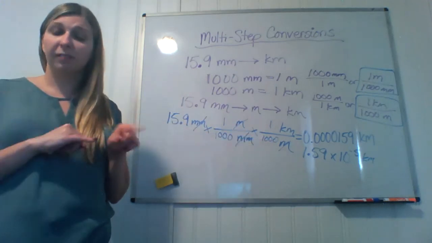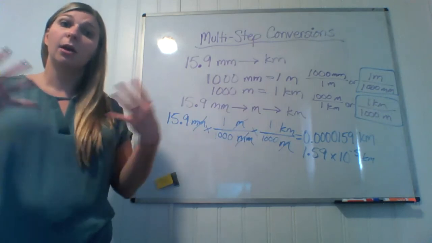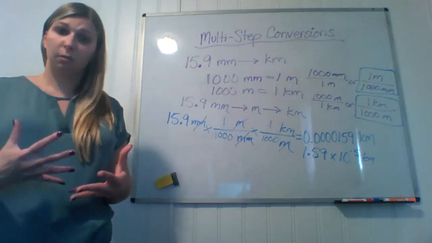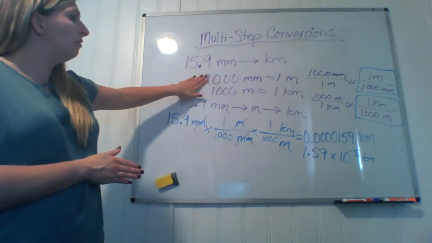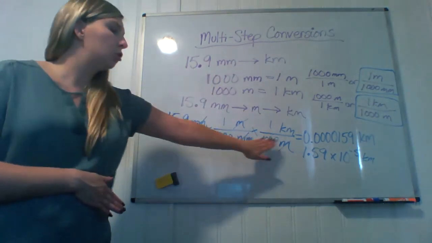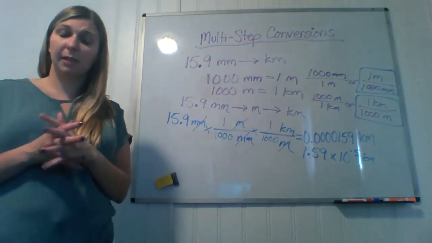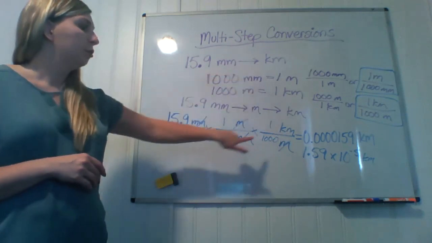We don't want to just be moving the decimal back and forth, because that doesn't help us to fully understand what the relationships are between the units. So make sure that you apply the equivalences that we learned for the prefixes and split it up into multiple step conversions if necessary. In this case, we had 2 steps.